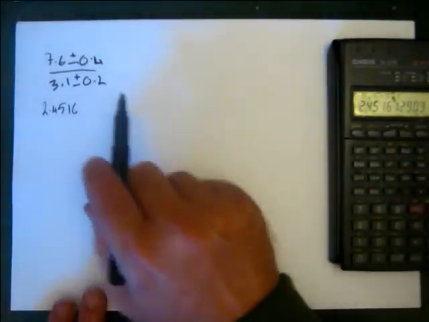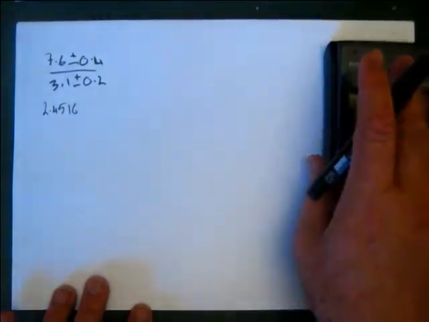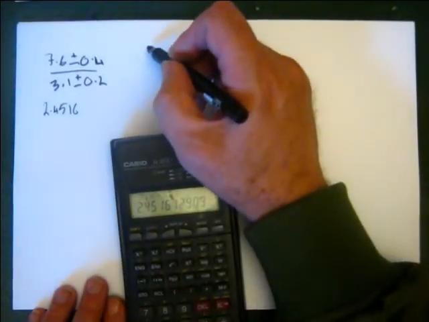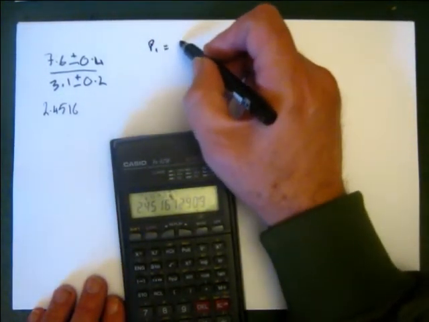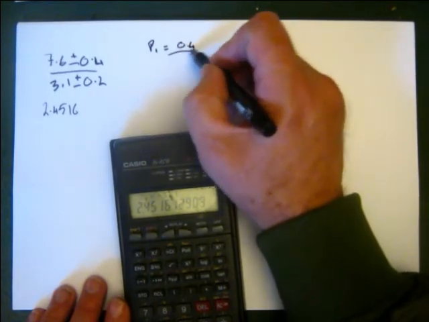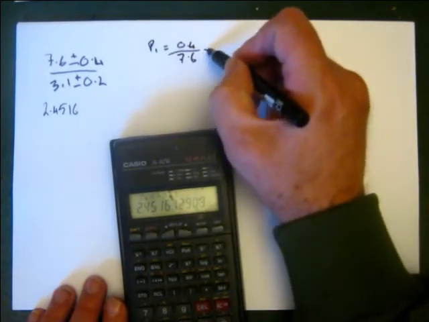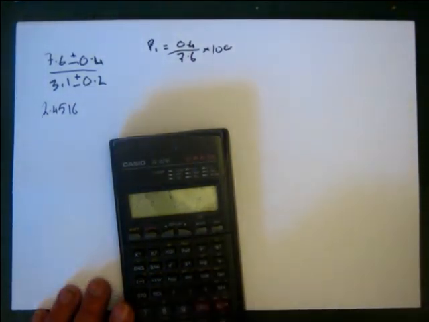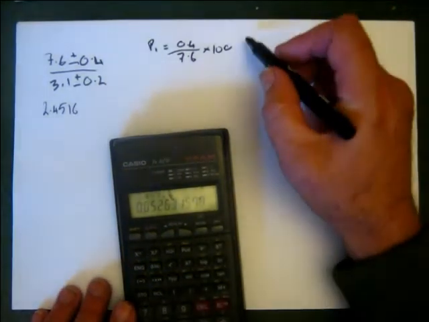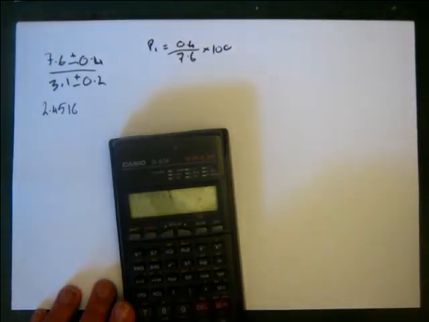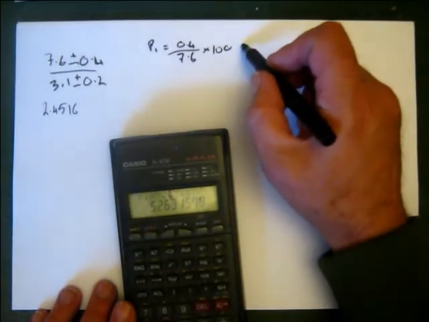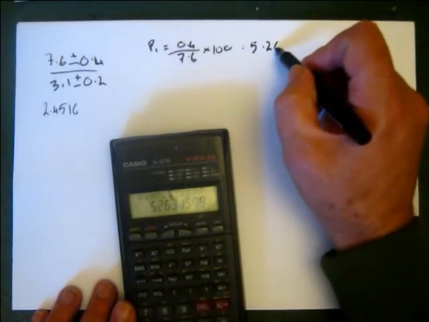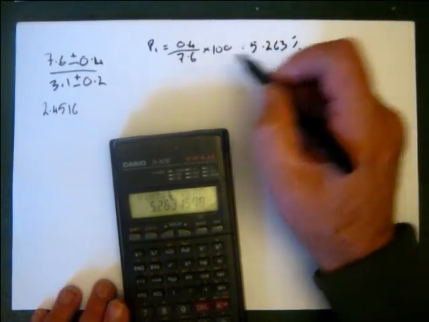And then we're going to take the uncertainties and turn them into percentages. So P1 equals 0.4 over 7.6 times 100. 0.4 divided by 7.6 times 100 equals 5.263%.